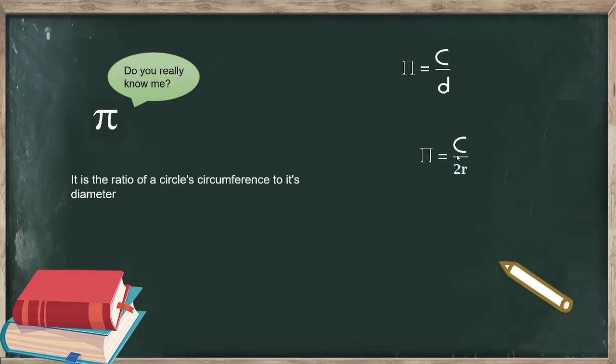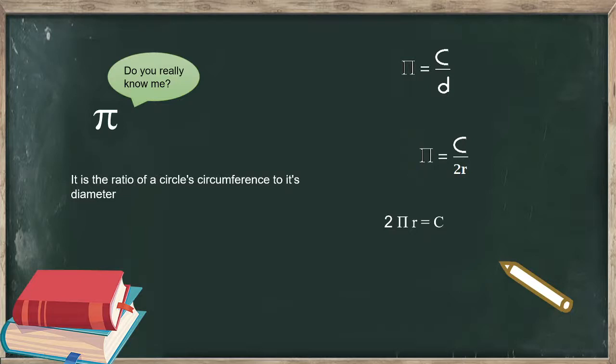Pi is equal to circumference by 2 times radius. What is diameter? 2 times radius. You have always used this formula, it is not a new formula: the circumference of a circle is equal to 2 pi r. From this I just took the value of pi. Pi is equal to c by 2r.